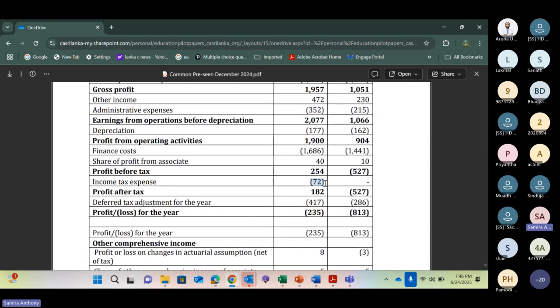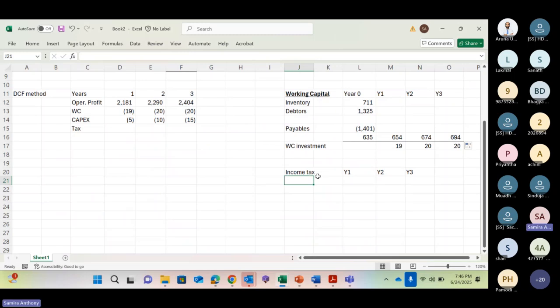Let's take profit before tax of 254 for the current situation. We can assume this will increase by the same pattern as revenue and operating profit, 5%. Is that clear, Hanifa?